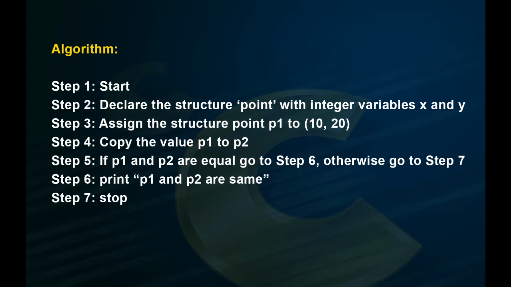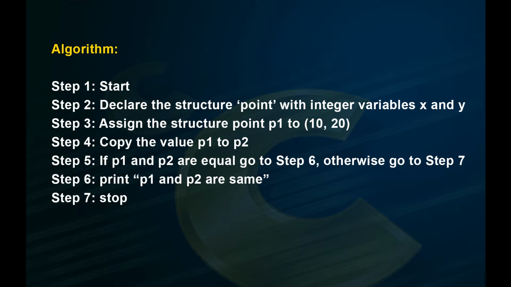Let us first see the algorithm of this problem. Step 1, start. Step 2, declare the structure point with integer variables x and y. Step 3, assign the structure point P1 to 10, 20. Step 4, copy the value P1 to P2.